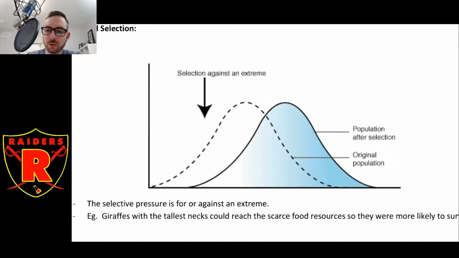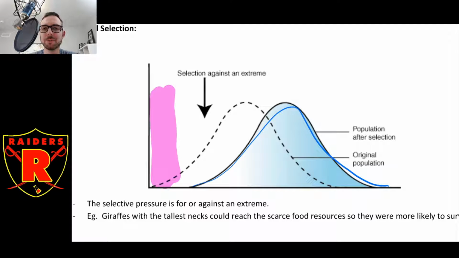So let's say that your original population fit a graph like this, and over time, the far right-hand side of the graph was favored, and so therefore the population is going to slowly shift over time until the average looks more like this.